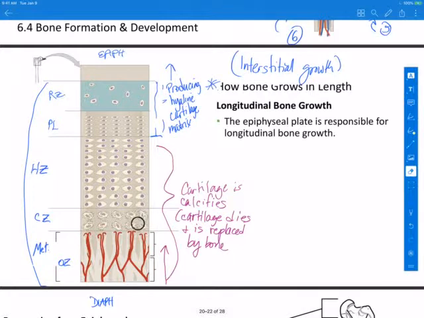The surrounding matrix is calcified, restricting the nutrients that are able to reach the chondrocytes through diffusion. So capillaries and osteoblasts from the diaphysis, which you can see here in red, penetrate the zone, and then osteoblasts secrete tissue on the remaining calcified cartilage. And this zone connects the epiphyseal plate to the diaphysis.